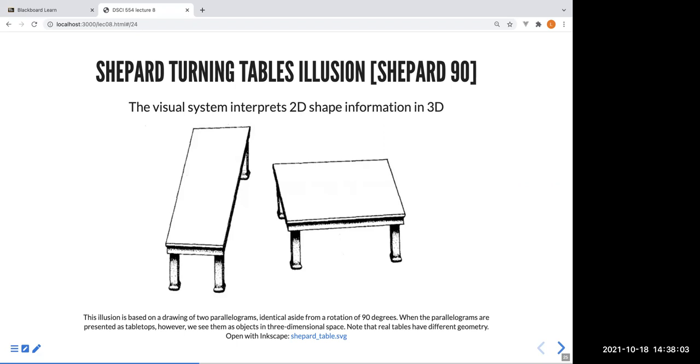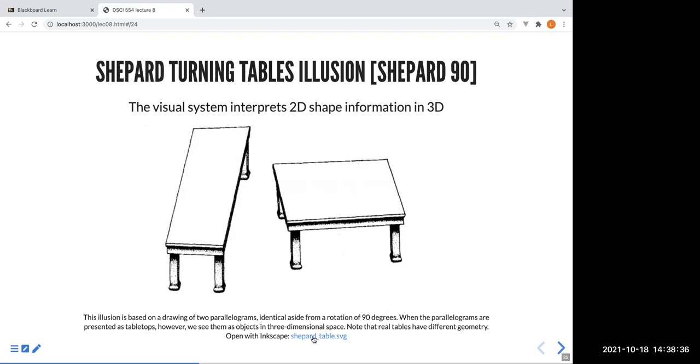But because we added legs here, you think that this is a table, and the brain is thinking of it as tables. Because it's thinking of it as a table, it tries to place them in 3D. This rotated version of the same thing is going to appear as a different surface from the one that is there.